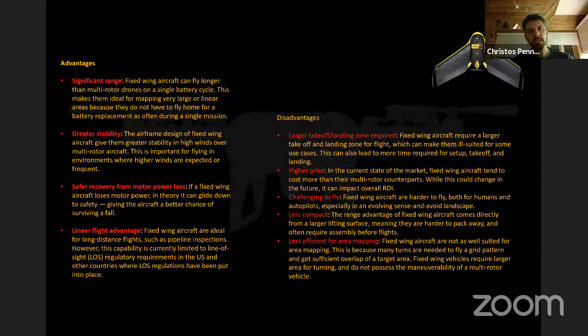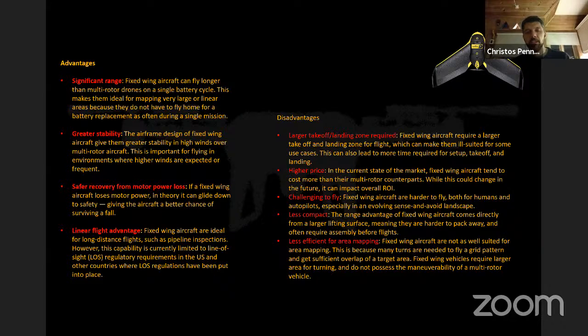In some models they don't even have a controller. The user will input all the flight data into the drone, and then the drone will do its job. They are extremely difficult to fly.